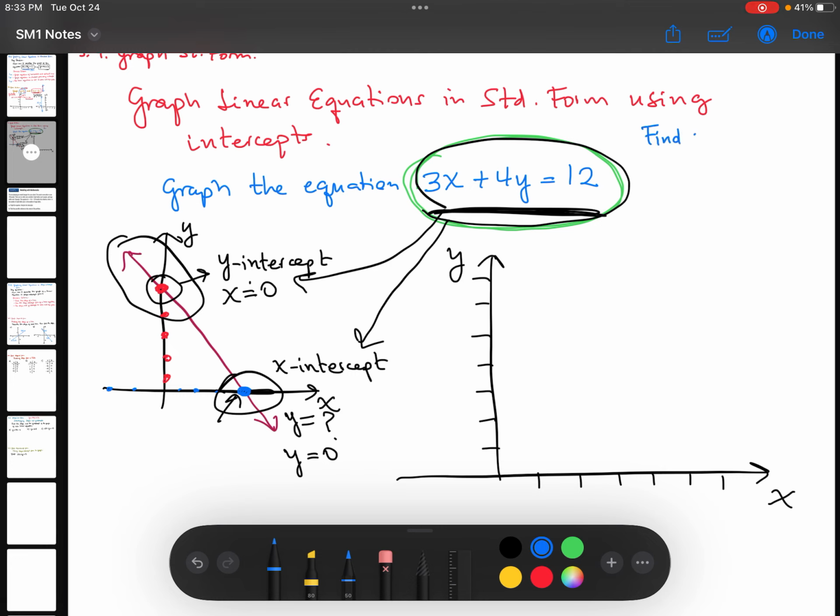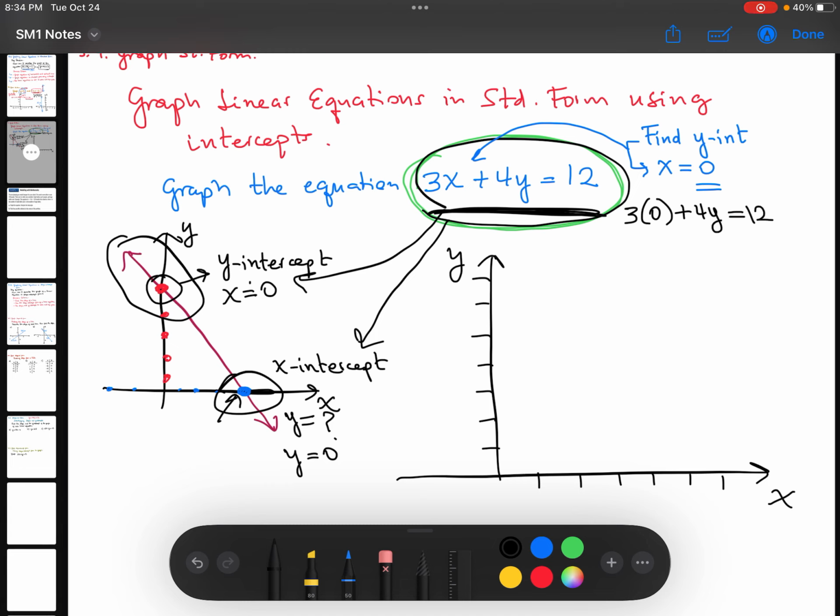So let's begin by finding the y-intercept. What do I know about the y-intercept? That x equals 0. So I'm going to take this x equals 0 and substitute it here. It means that we get 3 times 0 plus 4 multiplied by y, because I don't know it yet, equals 12.